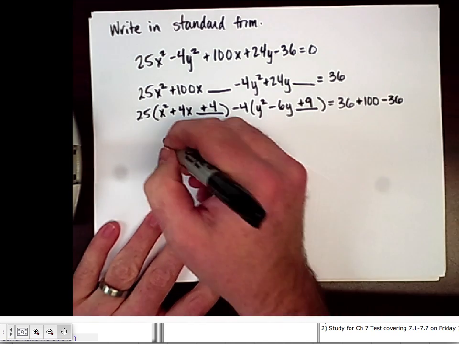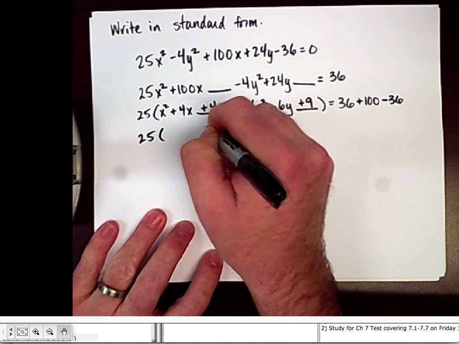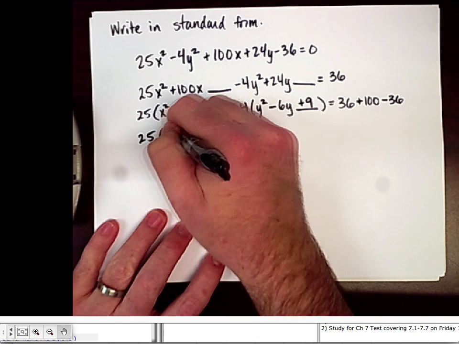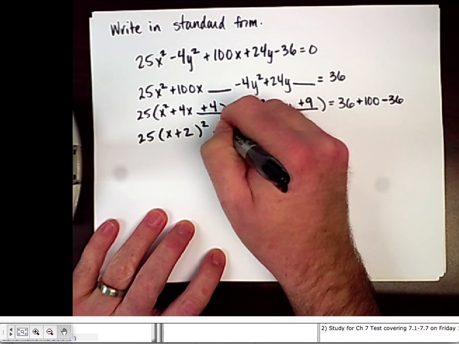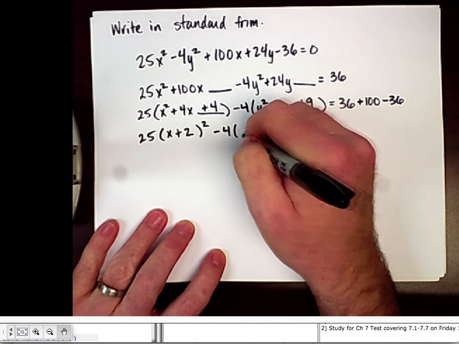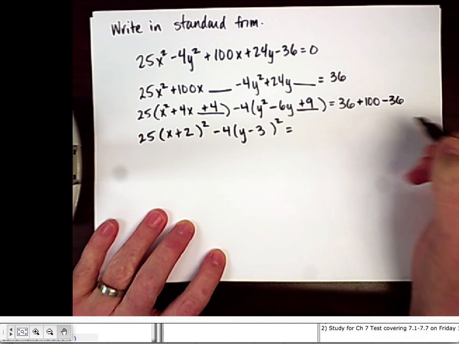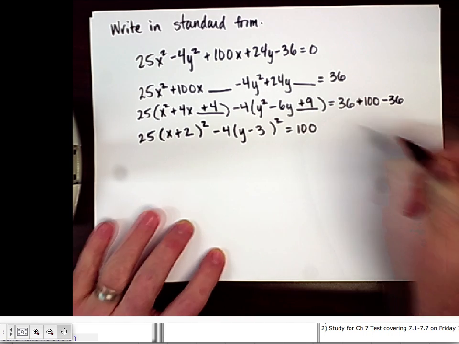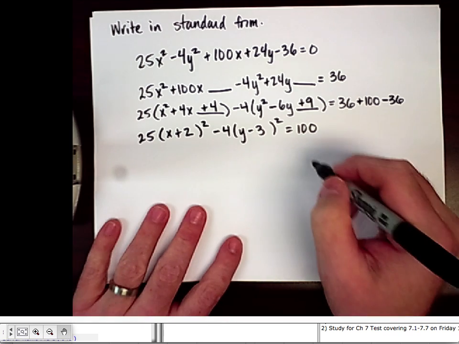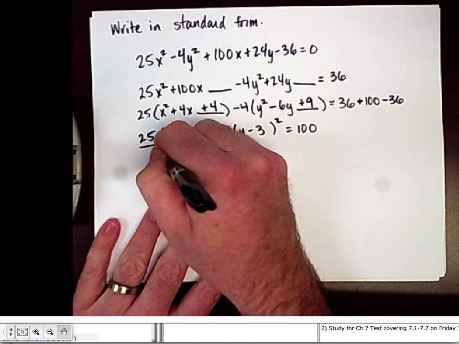Now we have 25 times what is that squared? x plus 2, minus 4 times y minus 3, equals 100, right? The only thing left is to be in standard form, it's got to equal 1. So divide everything by 100.